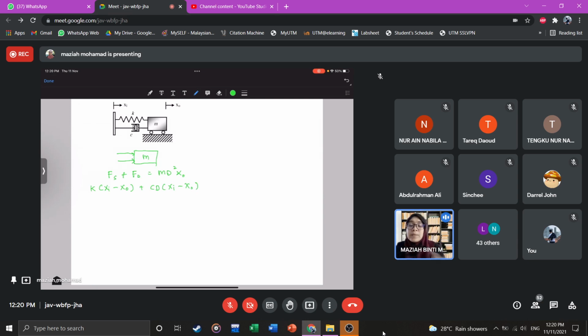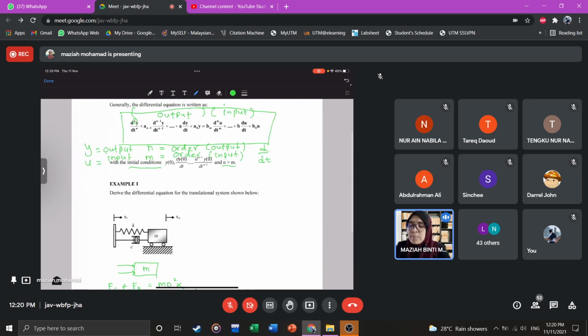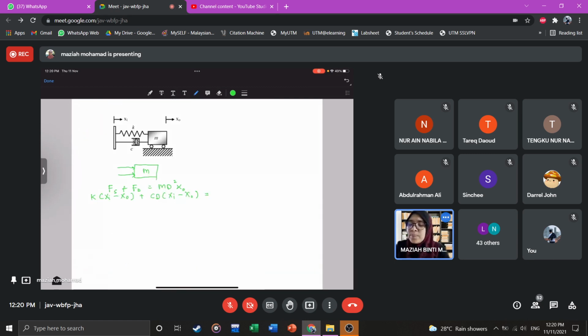We directly replace Fs equal to k times xi minus x naught into the mass equation, so this will be equal to m d square x naught. In order to have an ODE, we need to separate the input and output.